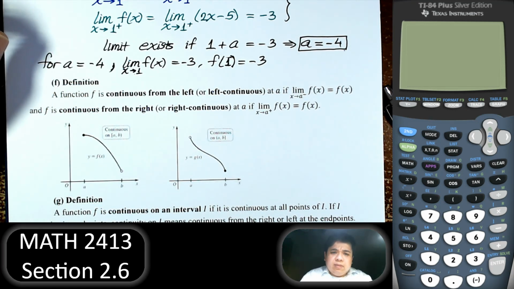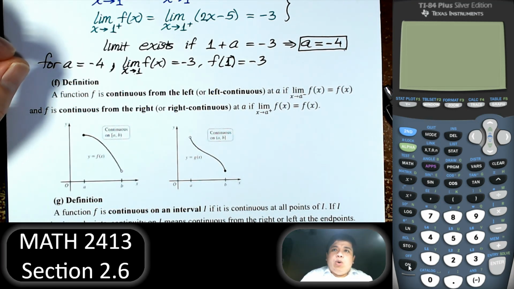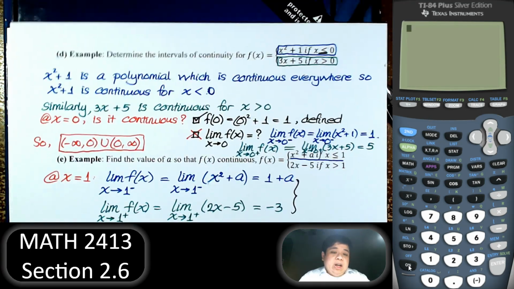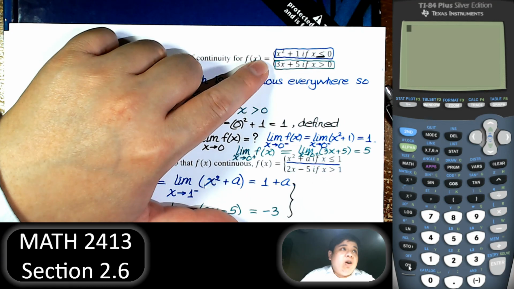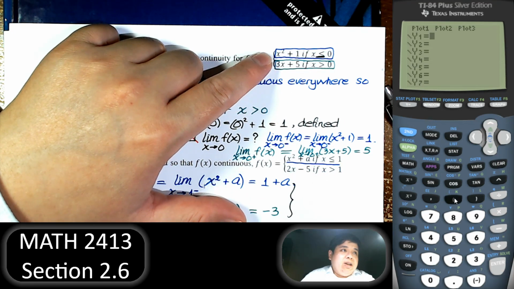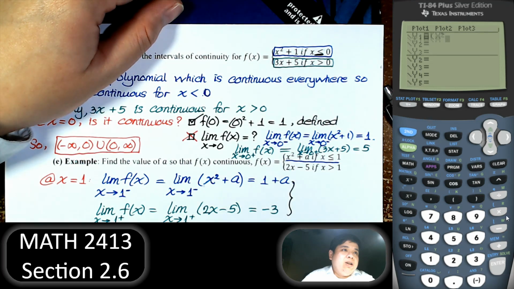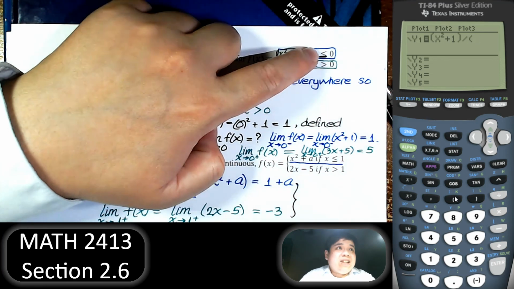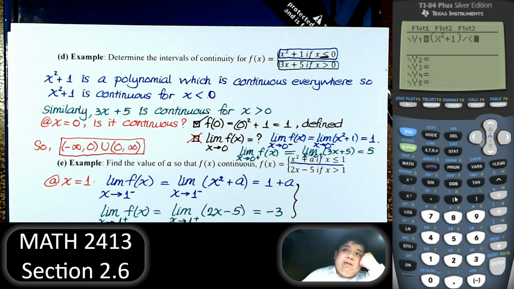One thing I'm not sure if I showed you before, but if I did, it's good to review. If you want to sketch the piecewise function, you can always do that by graphing x squared plus 1, divided by x less than 0. In the calculator we cannot have equal to; it is included, but the graph doesn't show it.